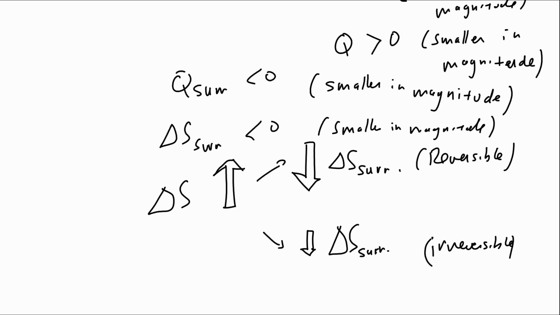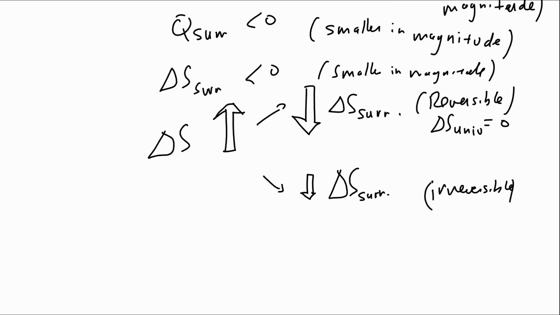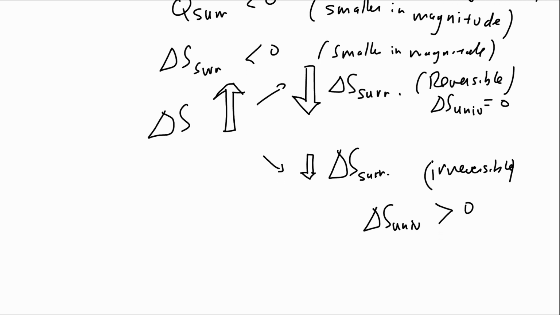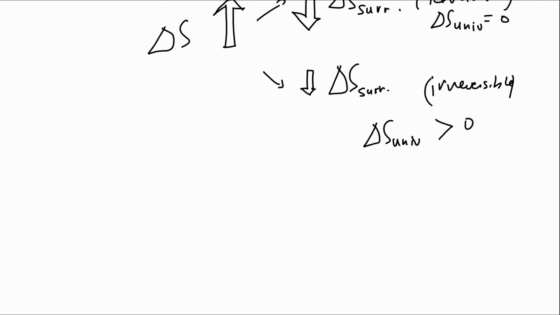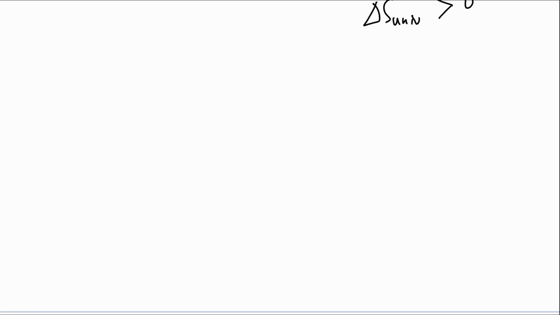And that's why the reversible one had delta S of the universe equals 0. And if you put those together, it's greater than 0 for the irreversible one. Okay, so that is one more time talking about the difference between reversibility and irreversibility. Yeah, I hope that makes sense.